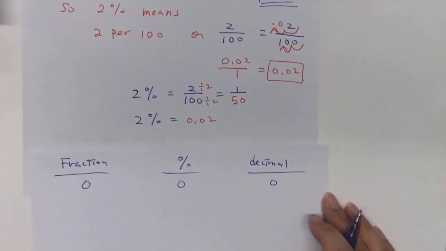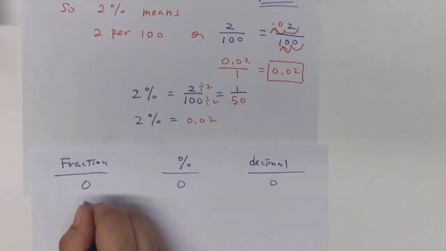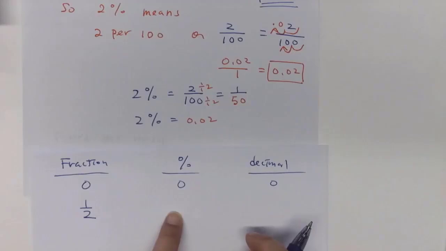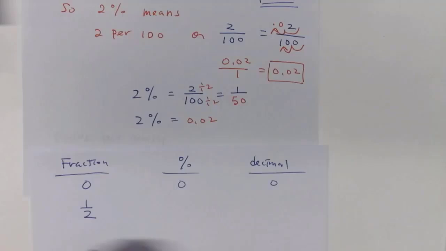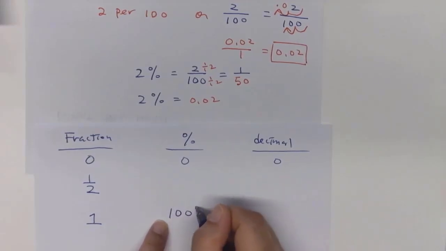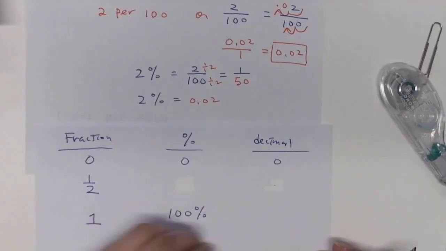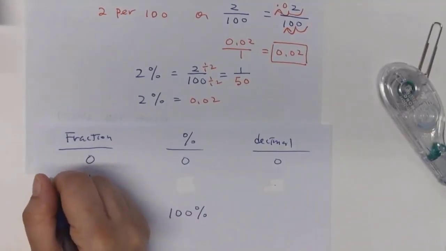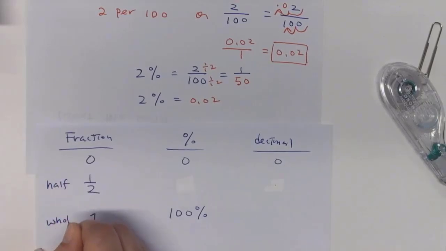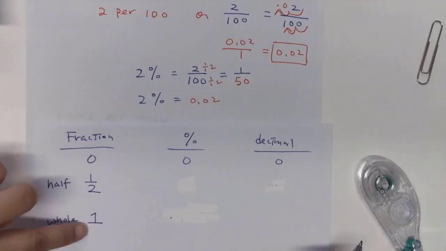If we are doing 1/2 for fractions, half for percent will be what? And decimal. And then if we are doing, say, 1 for the whole, percent would be what? How many percent? 100% would be 1 whole. So this is the whole, right? So this is 0, this is half, and this is whole. 0 fraction is 0, 1/2, and 1, right?